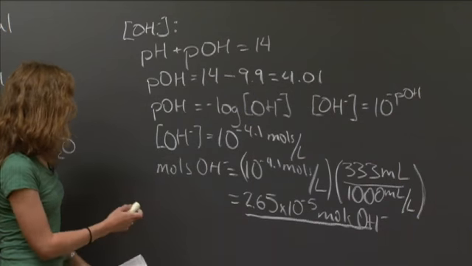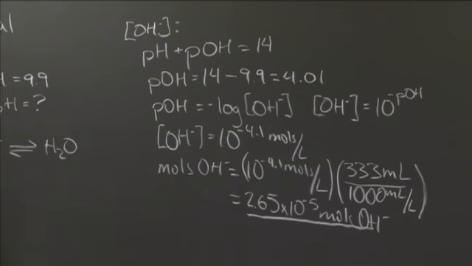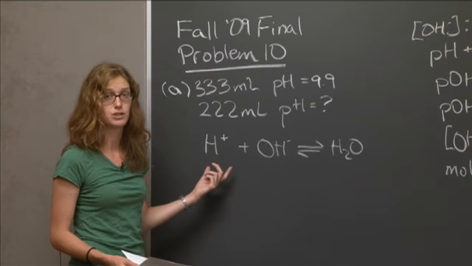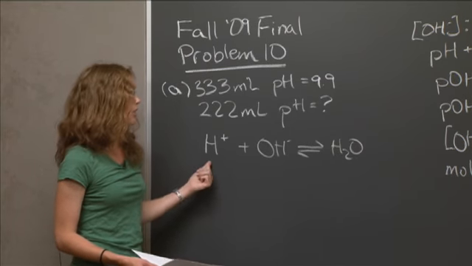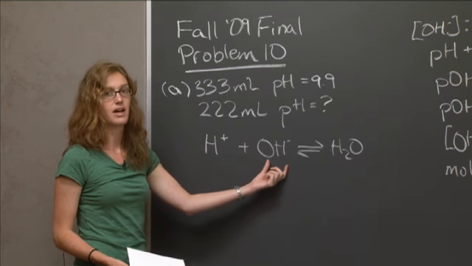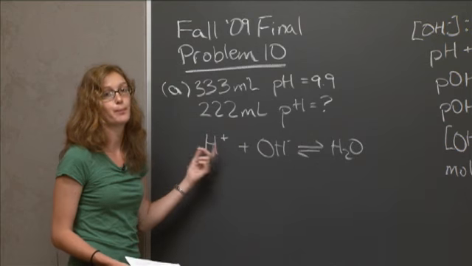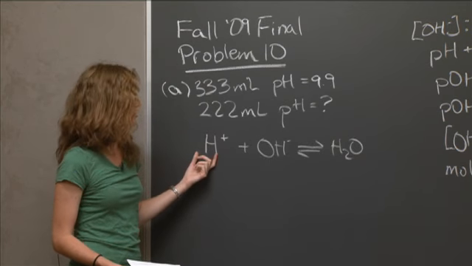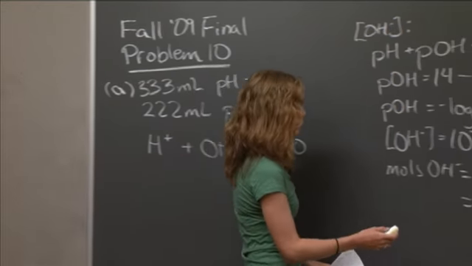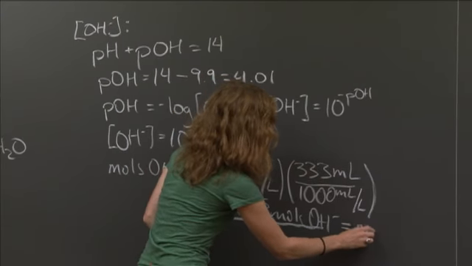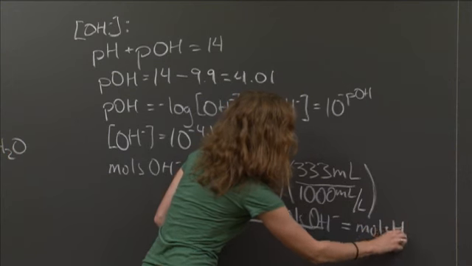So first off, we're going to look at our neutralization reaction over here and realize that it's a 1-to-1 stoichiometric ratio. That means in order to react with 2.65 times 10 to the negative 5 moles of hydroxide, we need the same number of moles of hydrogen. So over here, I'm going to say that this also equals the moles of H plus needed.